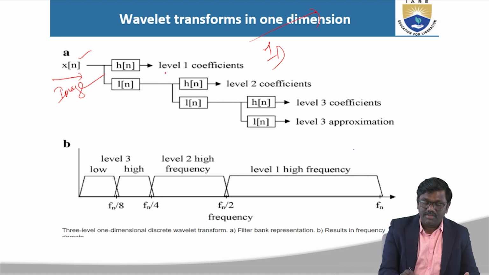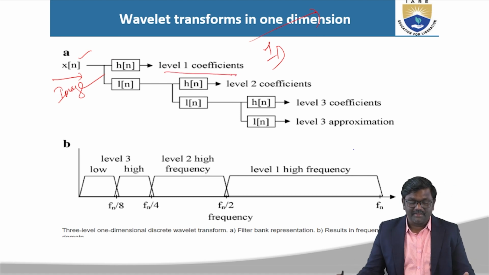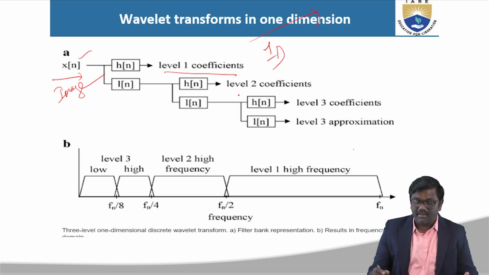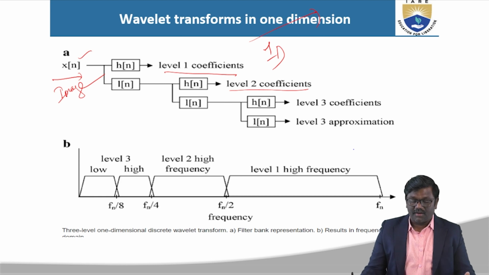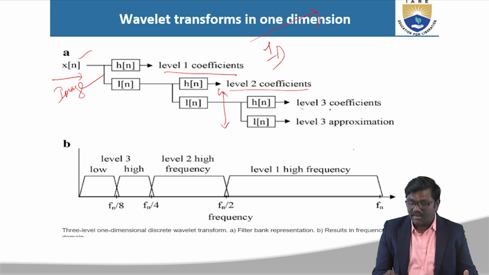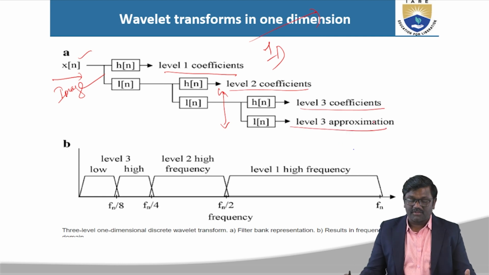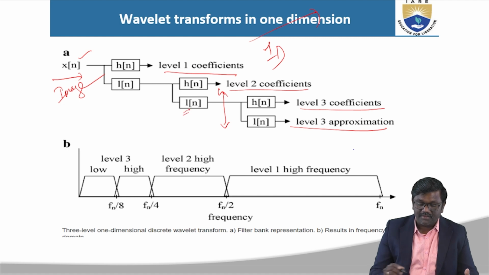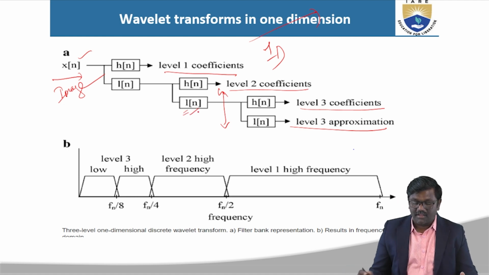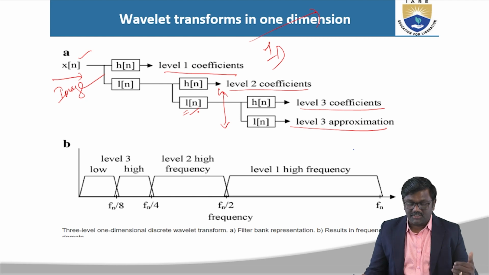We are going to keep it into the components L of n and H of n. Those level 2 coefficients are divided into two categories: level 3 coefficients and level 3 approximation.